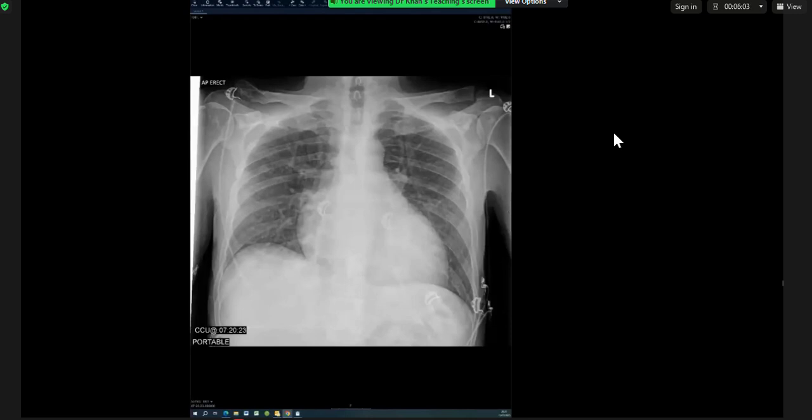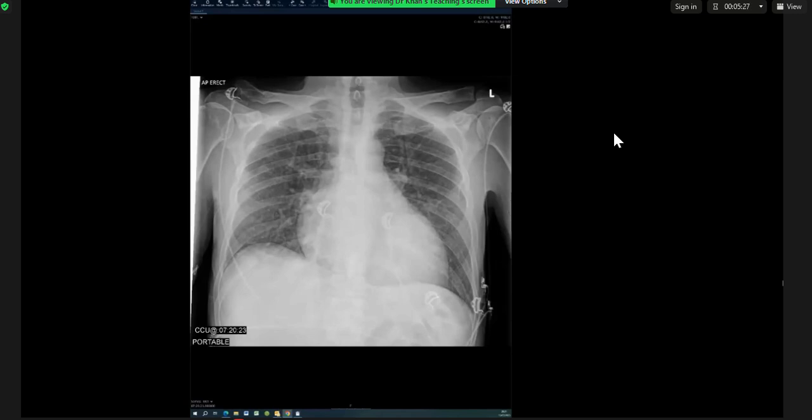There are bilateral reticular or interstitial opacities, and I can appreciate curly B lines, most pronounced in the right mid-zone. I think there is also a degree of upper lobe diversion. There are no pleural effusions. There are features here in keeping with pulmonary edema, but I would like to see if there's any other abnormality.